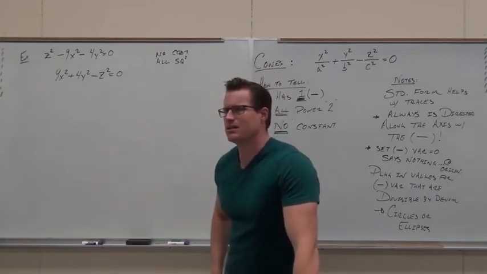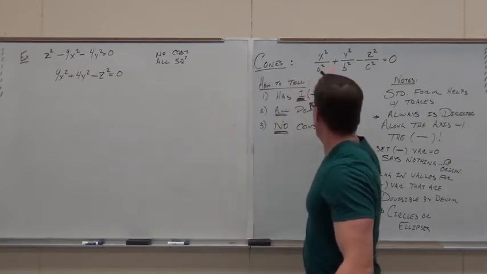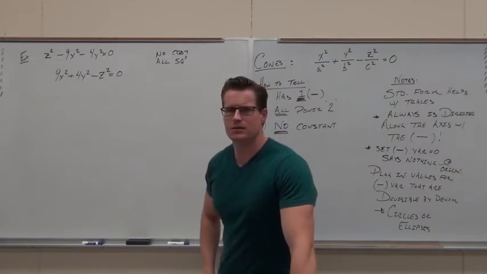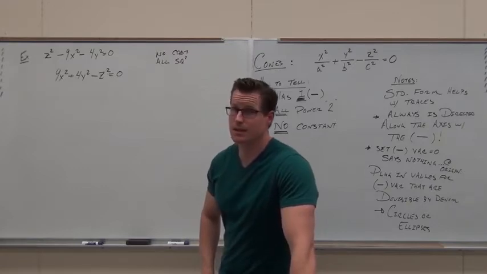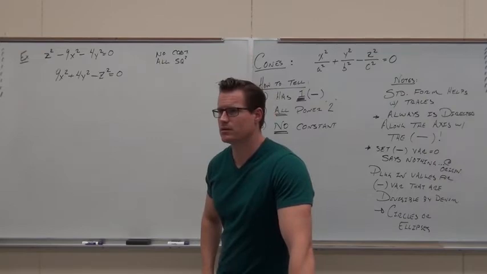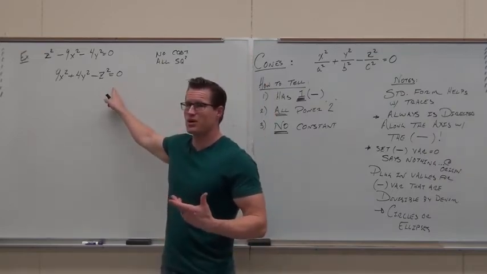Now, it doesn't quite look like that. Could you make it look like that? The standard form's pretty nice, right? What would you do? You got a 0, right? You can divide that by anything you want except 0.